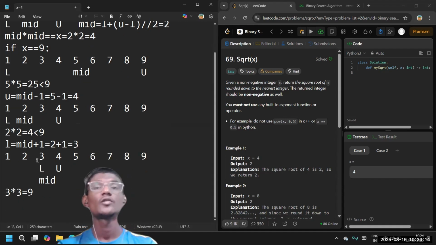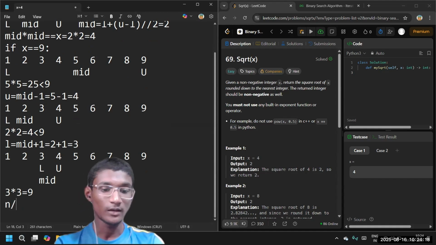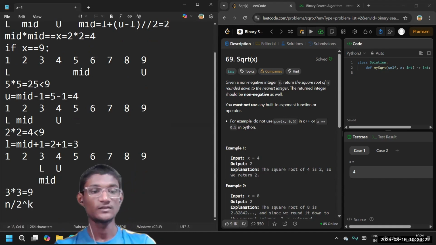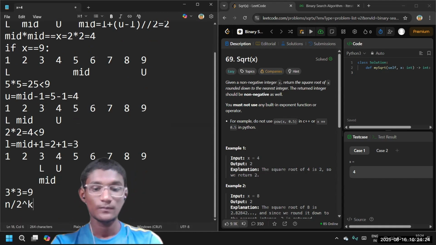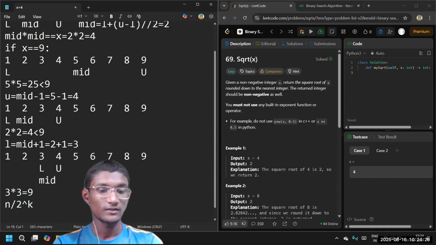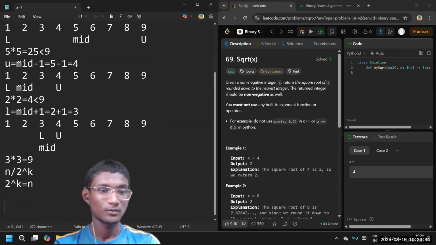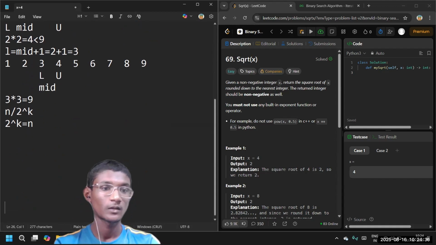See, guys, it is going to divide by 2 halves, right? So that's why you can say n by 2 power k. So this is the scenario. It is going to be written as 2 power k equal to n. Let's take the logarithm with base 2.